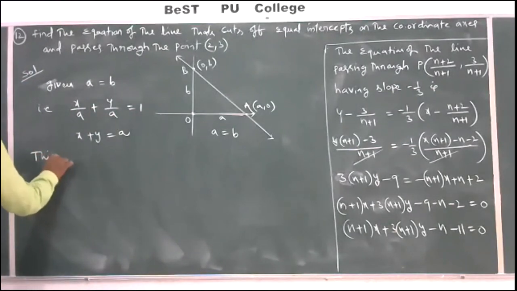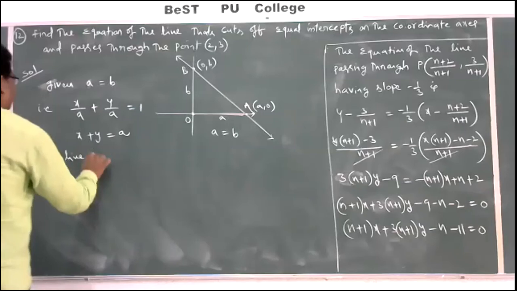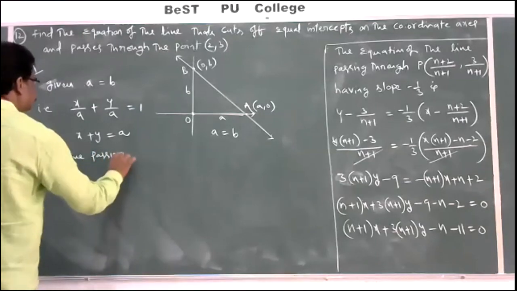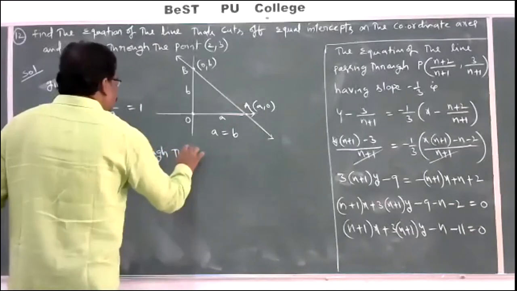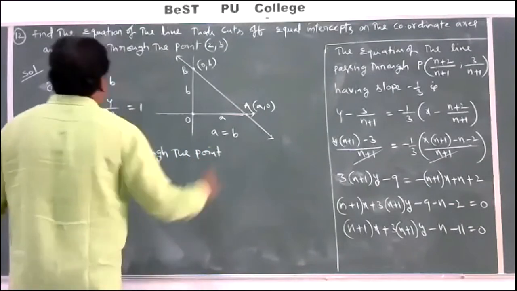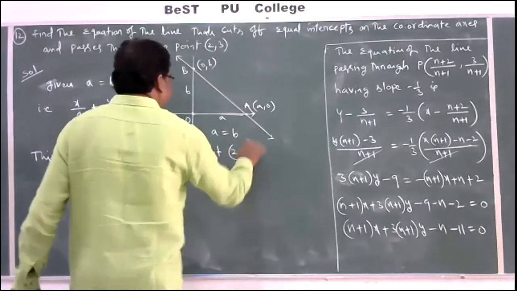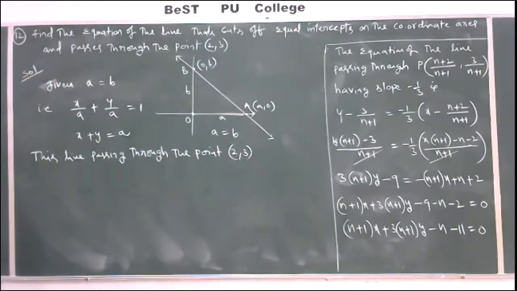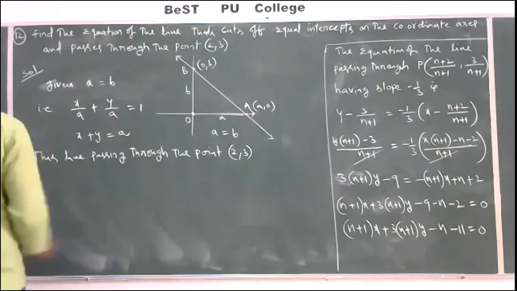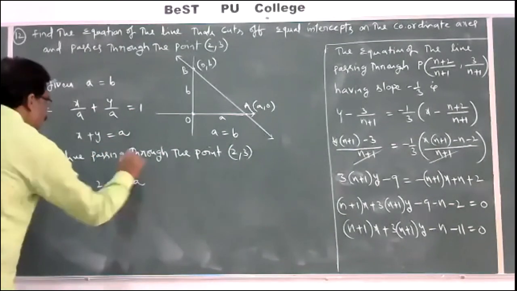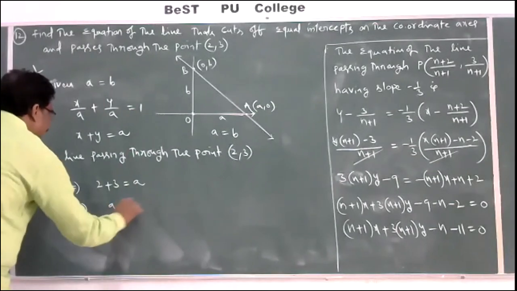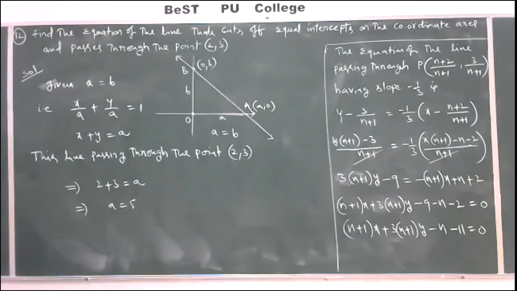This line passing through the point 2 comma 3. Substitute the point in this equation. That implies 2 plus 3 is equal to a. That is a is equal to 5.